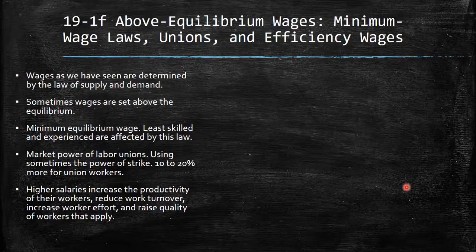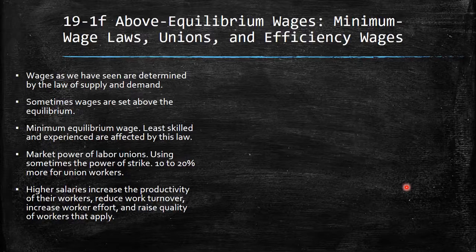Another one is efficiency wages. For example, multinational companies usually offer higher salaries, bonuses, and different incentives to get more productivity from their workers.